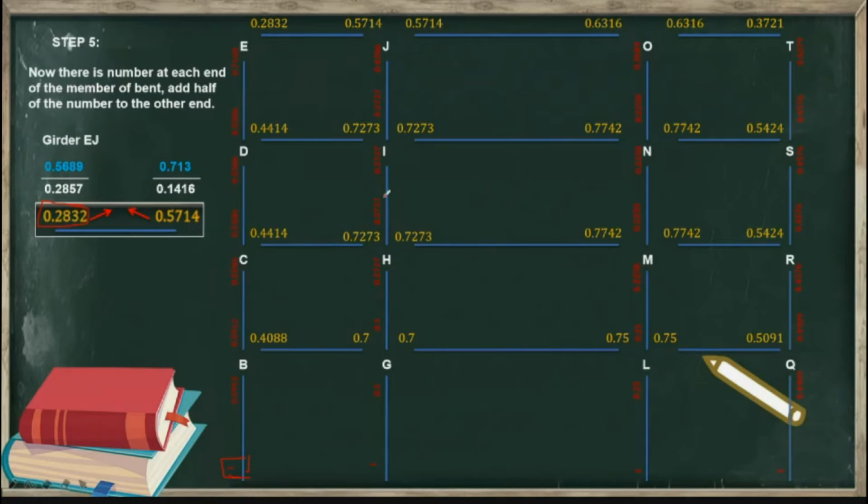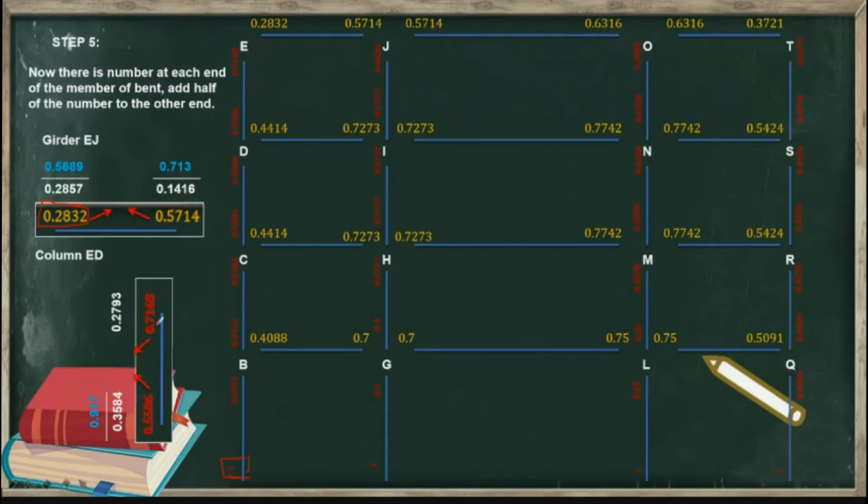Isa-isahin yan. So next sample, sa column, mag-try tayo ng isa kay column. So column ED, so ito si column ED. So kalahati ni 0.7168 is 0.3584. And then, i-add natin itong 0.5586. Ang bagong value niya is 0.917. And then next, kay 0.5586 naman, kalahati niya is 0.2793.